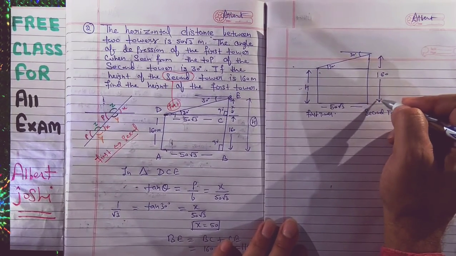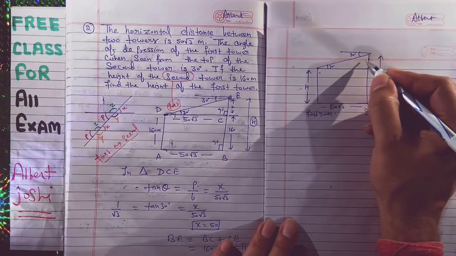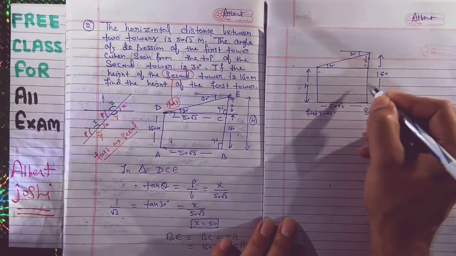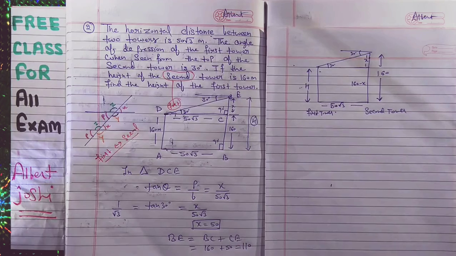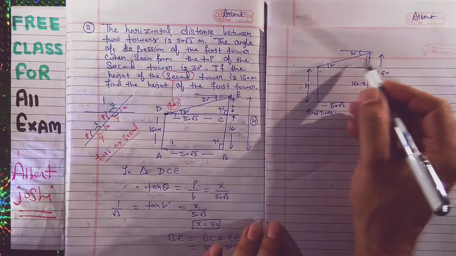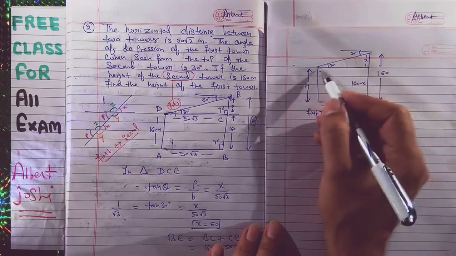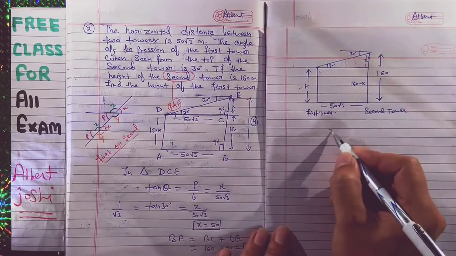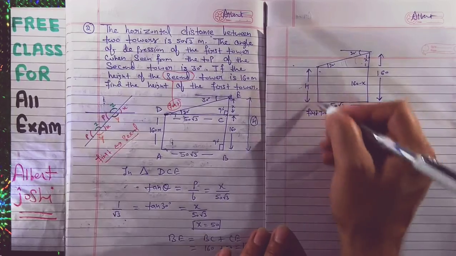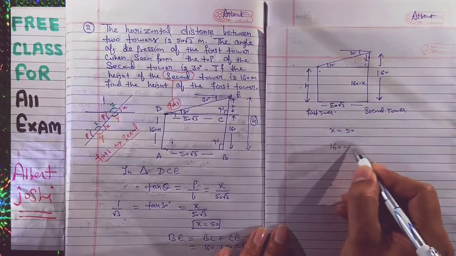So this is 160, let this be x again, so this is 160 minus x. This value, this x, we have already found. Your x is 50, so your height will be 160 minus 50.